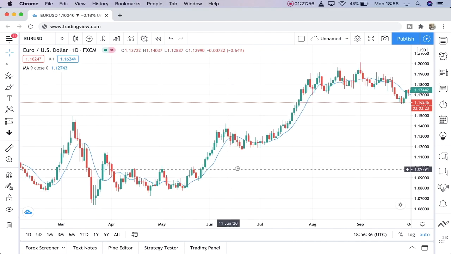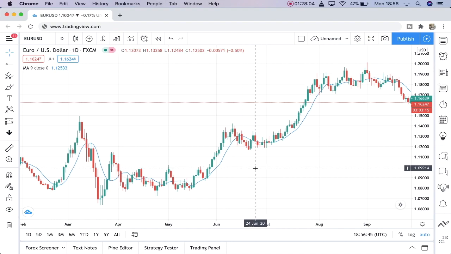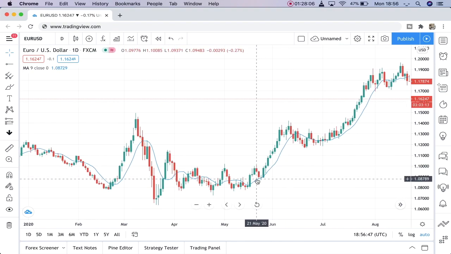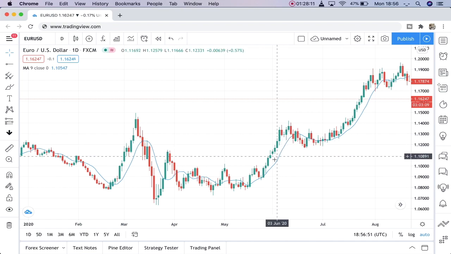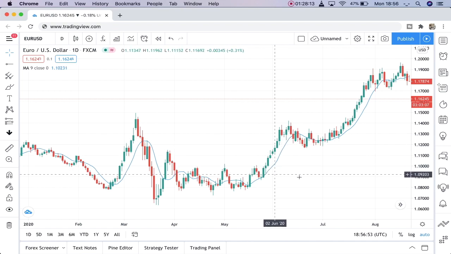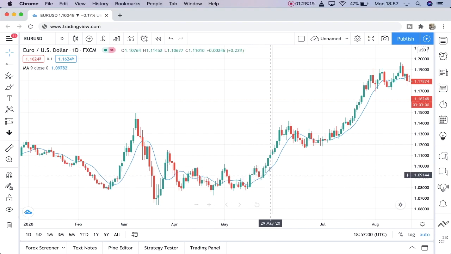Let's look at confirmations on this moving average, so basically looking for price action around the moving average. If you're bullish, you'll be looking for a bullish price action above the moving average, on the line but above the line. So here's a good one. It was a small trend, but this is a morning star.